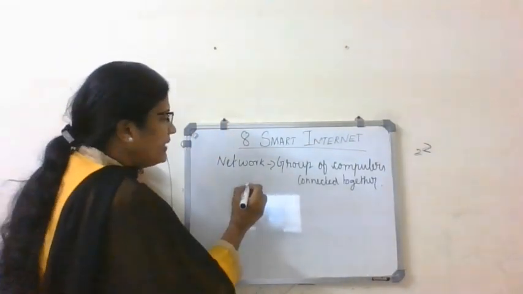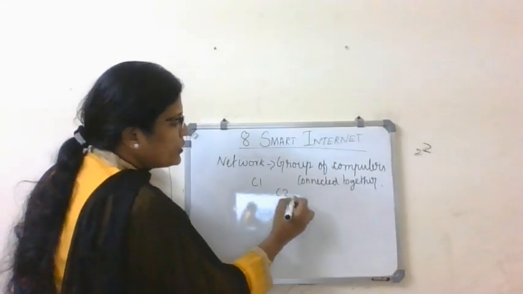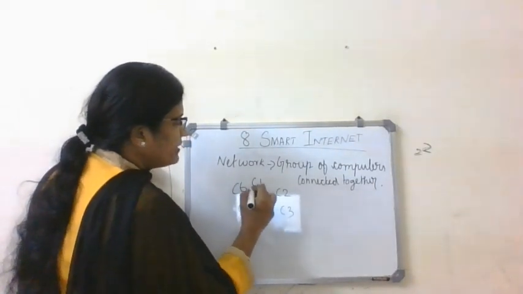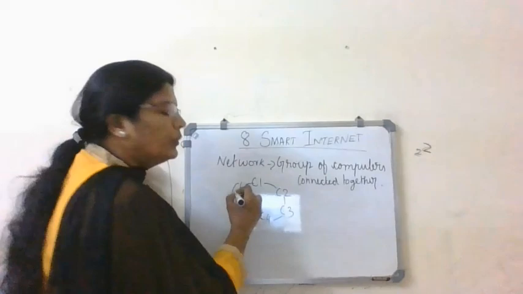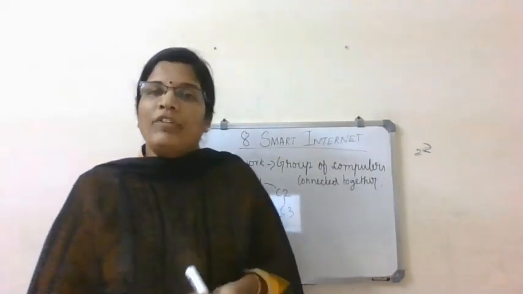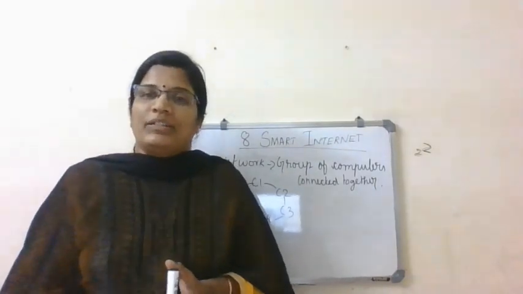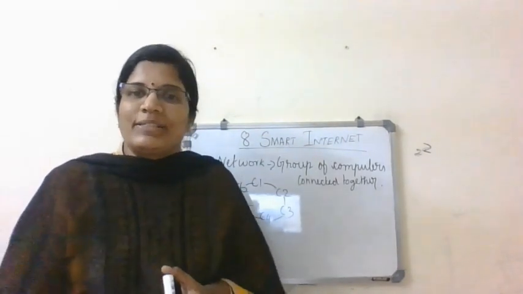Let this be computer 1, computer 2, computer 3, computer 4, computer 5, computer 6. All have a connection to one another. That is called a network, a network of computers.